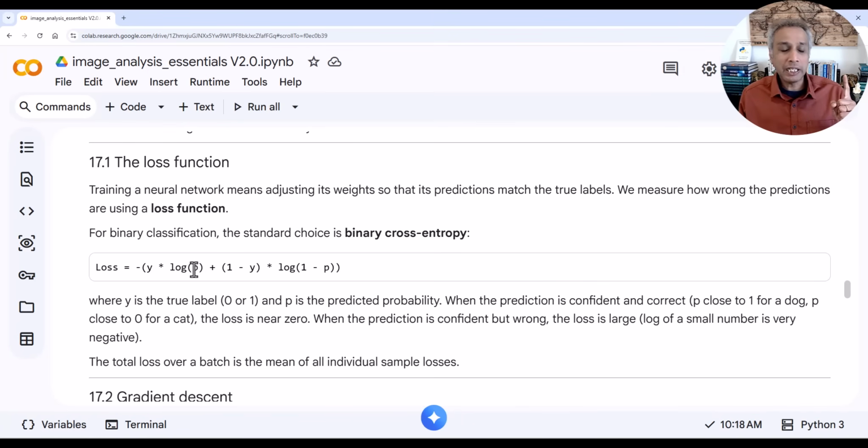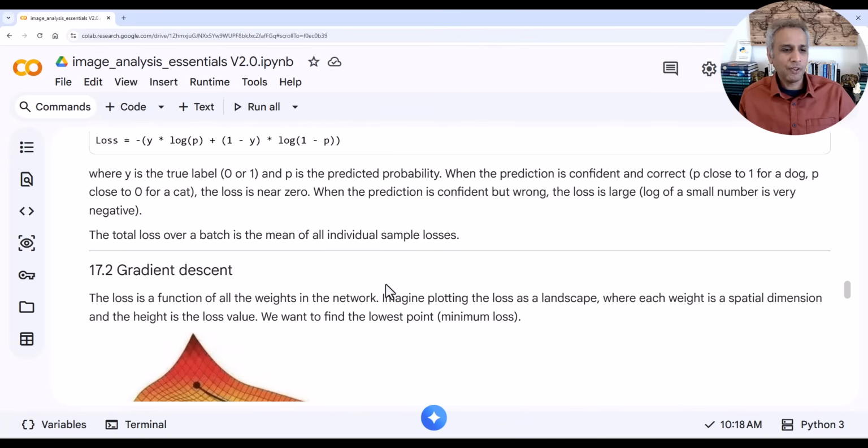If the probability comes up to 0.9, then 1 multiplied by log of 0.9 plus 1 minus Y, which is the cat in this case, because if Y equals 1, 1 minus 1 is 0. And log of 1 minus P, which is nothing but the probability of that being a cat. It's nothing but probabilities adding, and then you have minus 1 right there. That's basically the loss function.